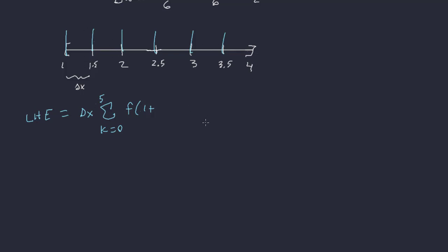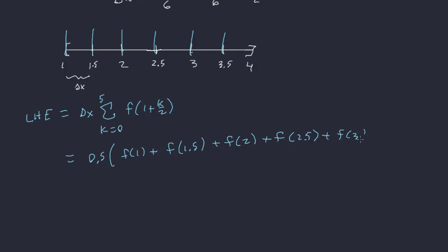Last time we started at the 1. Here we'll start at 0, end at 5, and get the same thing. But ultimately, it's just going to be 0.5 times, in this case, f of 1 plus f of 1.5 plus f of 2 plus f of 2.5 plus f of 3 plus f of 3.5.